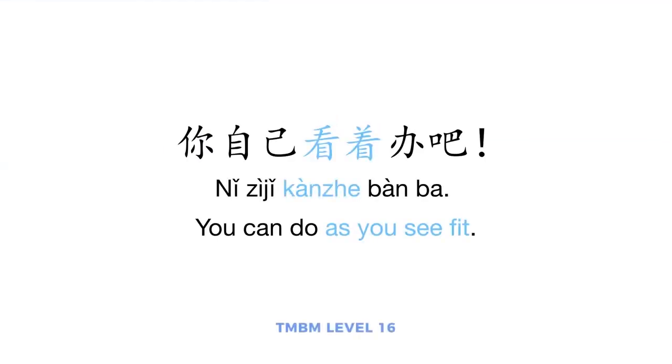Now the next one, from level 16, sentence number 3, 你自己看着办吧. You can do as you see fit. This is a highly useful everyday life sentence. So anytime you just want to leave someone to their own devices, you can use this sentence. 你自己看着办吧. You can do as you like. And we've got those two actions again.